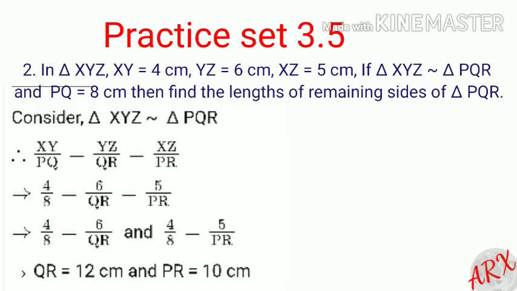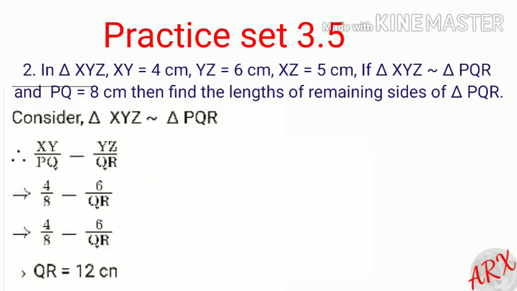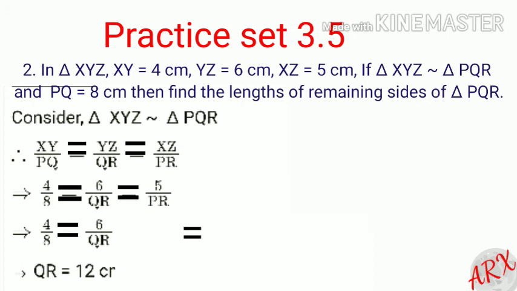Now consider triangle XYZ similar to triangle PQR. Hence their corresponding sides are in proportion. Therefore, XY upon PQ equal to YZ upon QR equal to XZ upon PR. Now we will put values. 4 upon 8 equal to 6 upon QR equal to 5 upon PR.